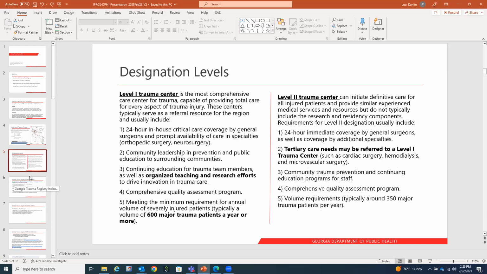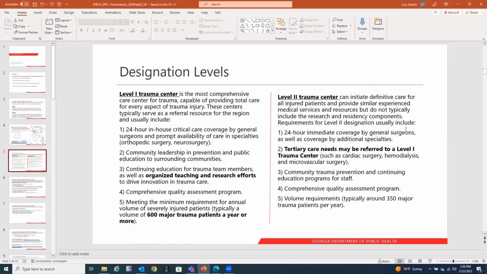Community leadership in prevention and public education to surrounding communities. Continuing education for trauma team members, as well as organized teaching and research efforts to drive innovation in trauma care. A comprehensive quality assessment program, meeting the minimum requirement for annual volume of severely injured patients.